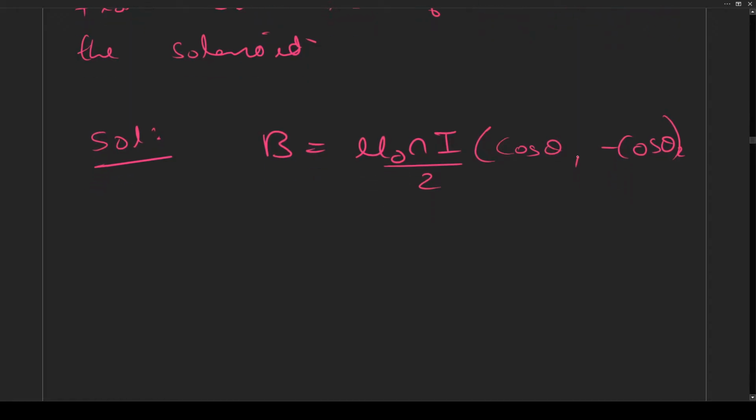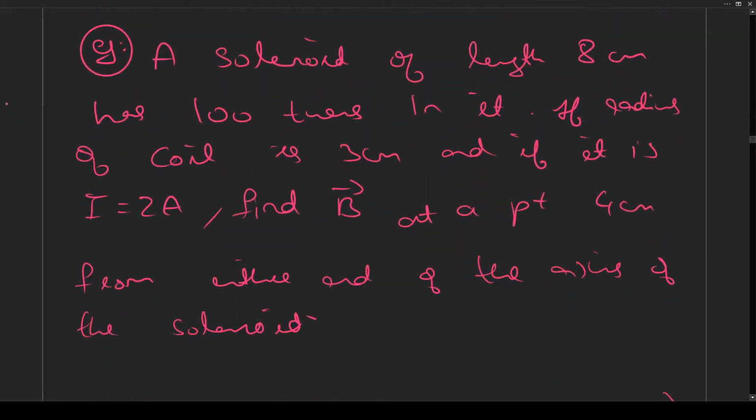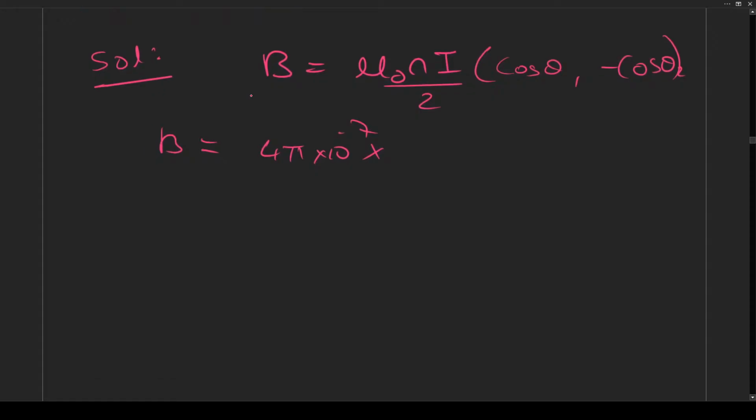So when we substitute the values in this equation, B equals 4 pi into 10 power minus 7 into 100 turns into 2 ampere by 2, into 2 into 4 by 5.